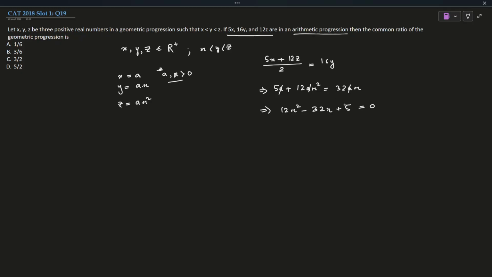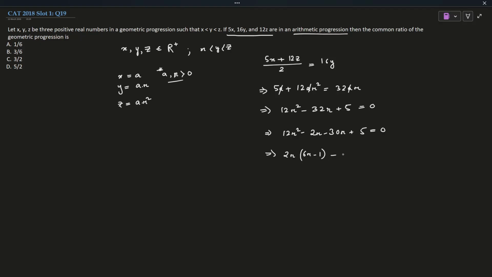So 12 into 5 is 60. So two numbers such that their product is 60 and their summation is minus 32. So this is basically minus 30 and minus 2. So I can write this as 12 r square minus 2r minus 30r plus 5 equal to 0. If I take 2r common, I will be left with 6r minus 1.